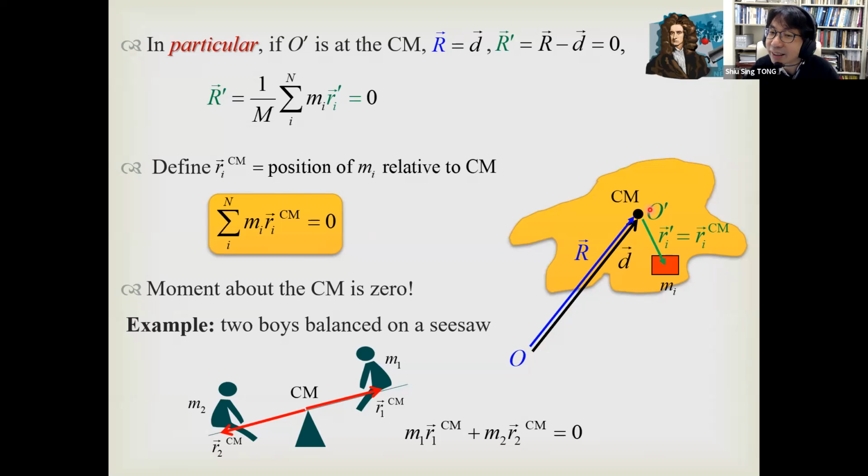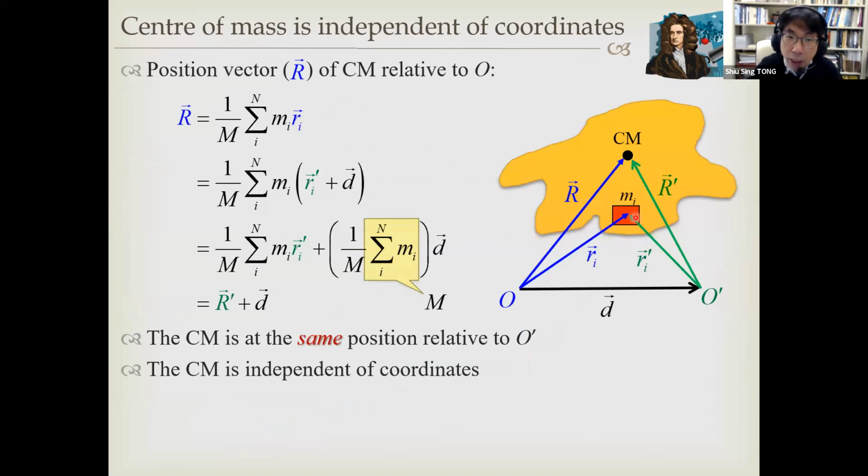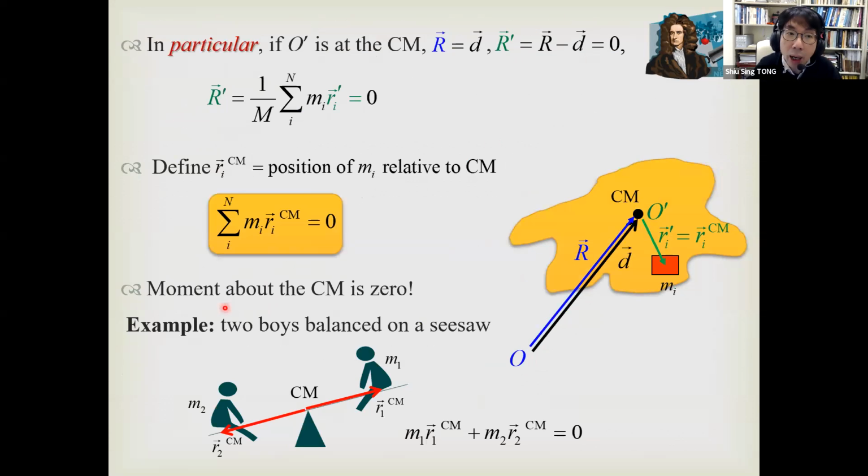But now D is equal to R, right? So D and R are equal. And R prime is of course 0 because now I'm at the center of mass, right? When the origin is the center of mass, the center of mass position relative to me is of course 0. So in that case, if you put everything into this formula, when R and D are equal, then R prime is equal to 0.